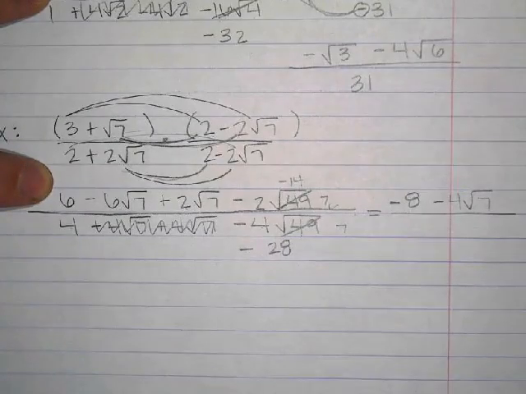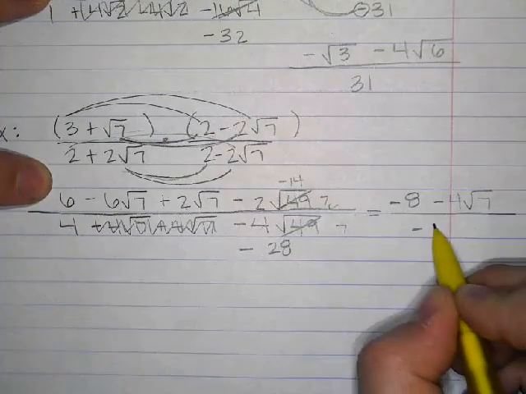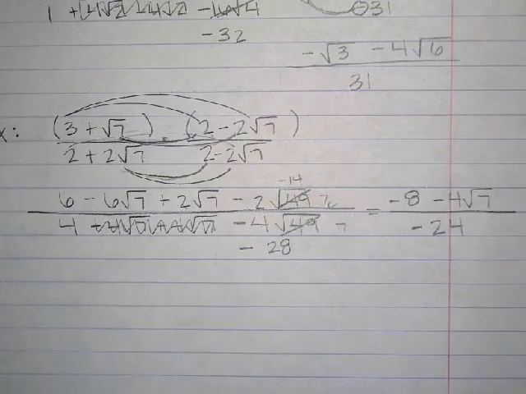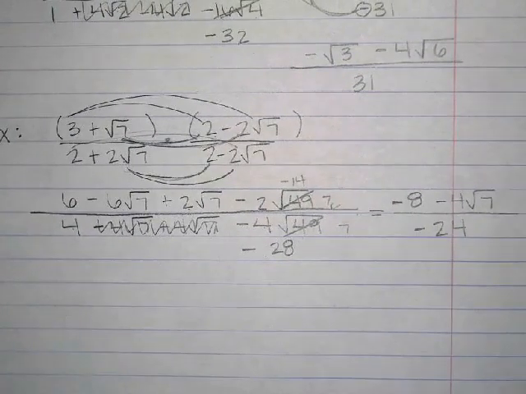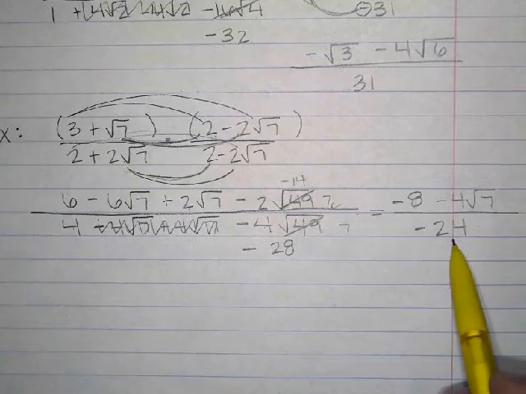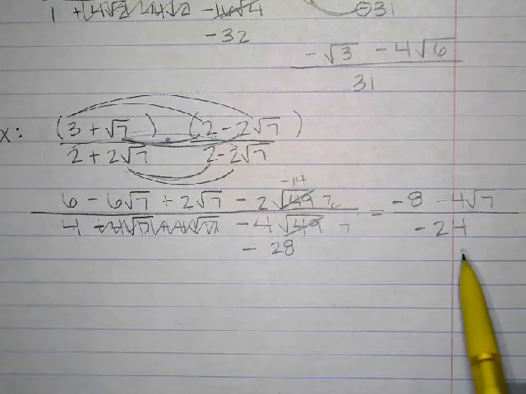Negative 24. Okay. So we're going to ignore the root 7. Then we have an 8, a negative 4, a negative 24. What can all of those divide by? 4. More than just 4, though. Not 8. What kind of 4? A negative 4. They can all divide by a negative 4.